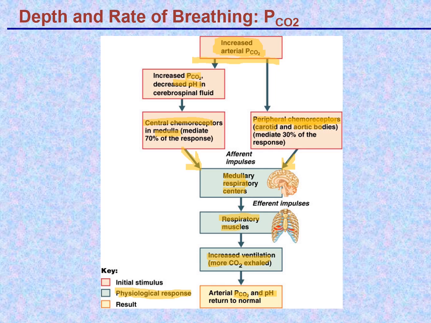Well, it's detected, triggers a response in the brain, sending out a signal to the muscles, and they increase their activity, bringing the initial change, the increased arterial PCO2, back to normal levels.